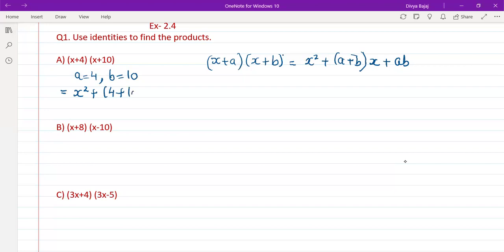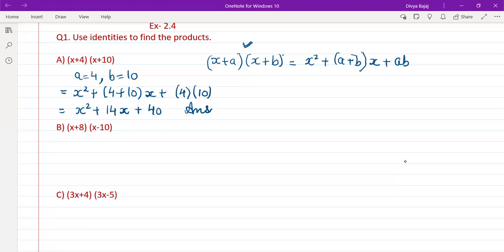So (4 + 10) into x, the first term, plus the product of both the constants, 4 into 10. Let's solve it. We get x squared plus 14x, plus the product, 4 tens are 40. So this is the answer in which we have used this given identity.